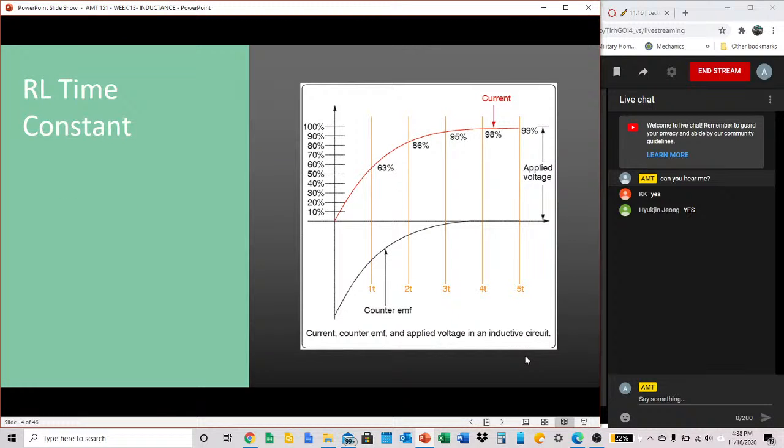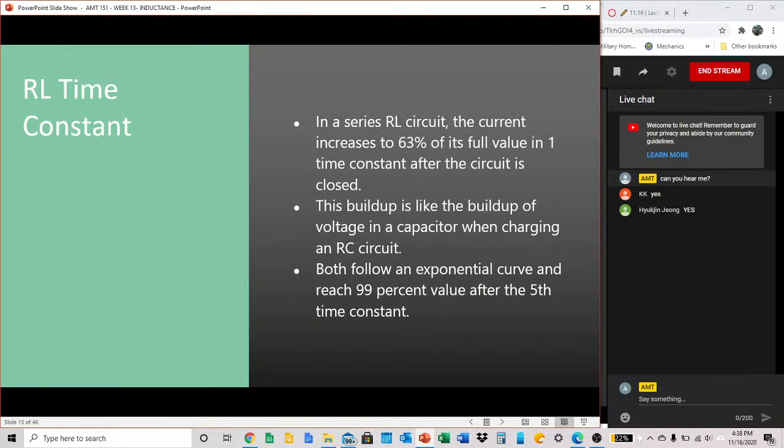And this is a handy little chart that comes from your textbook. It gives a representation of some current, counter EMF, and applied voltage in inductive circuits. So in a series RL circuit, the current increases to 63% of its full value in one time constant after the circuit is closed.